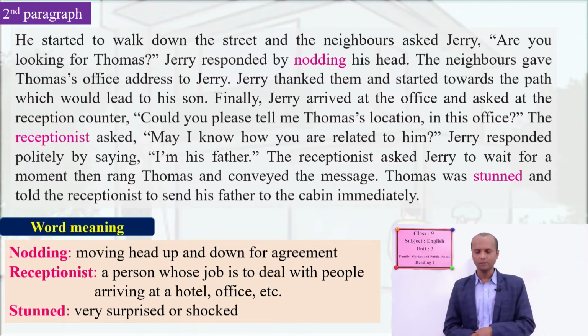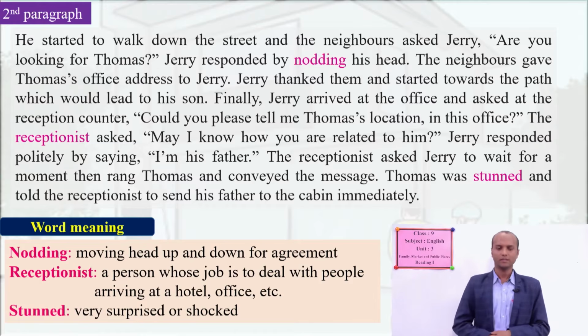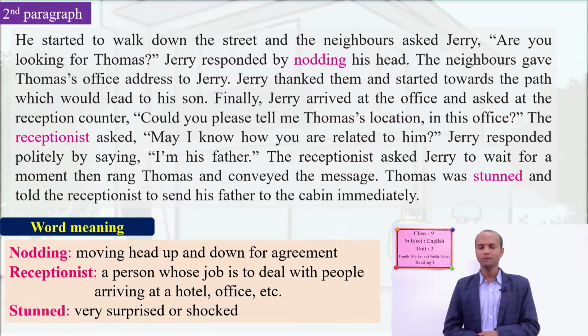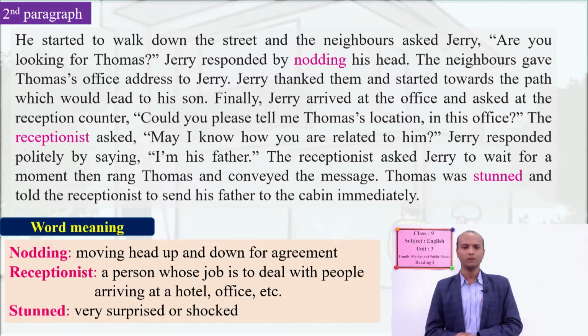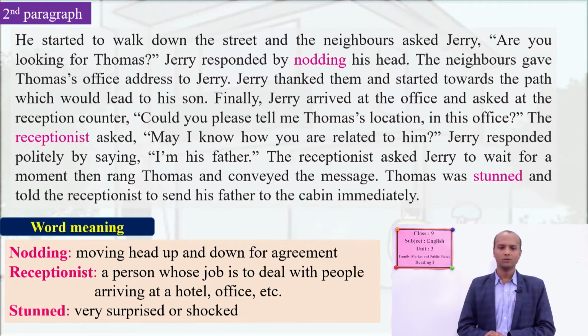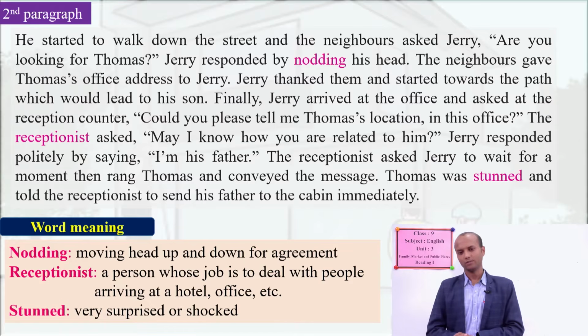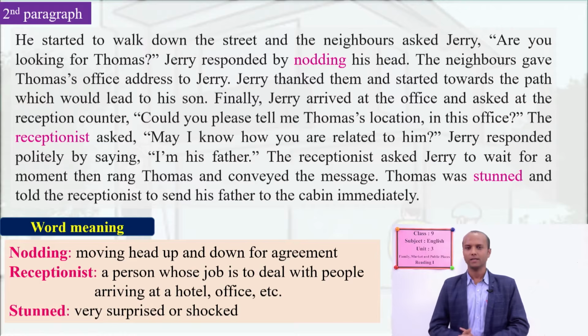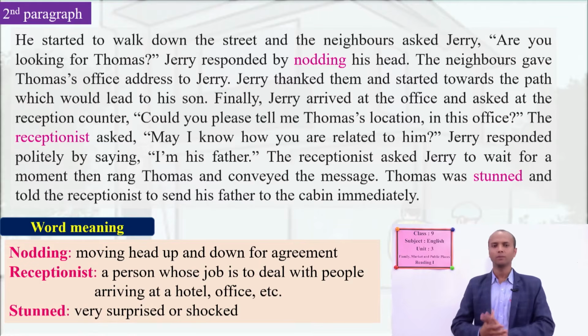You can see here, I'm nodding my head. So this is moving the head up and down for agreement. Receptionist, a person whose job is to deal with people arriving at a hotel, office, or something like that. And the third word is stunned, very surprised and shocked. Please now go through the paragraph.